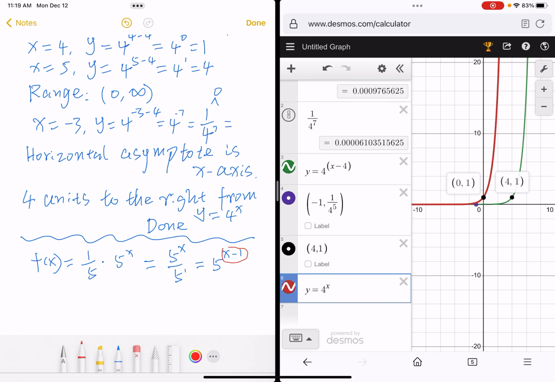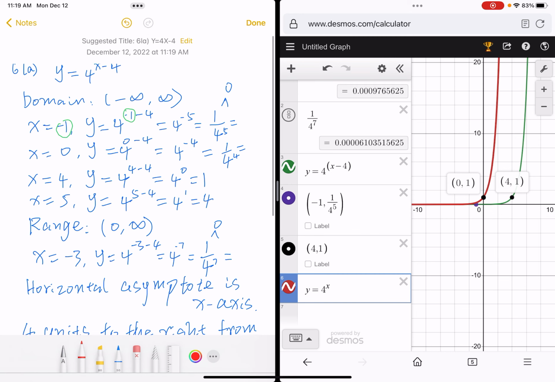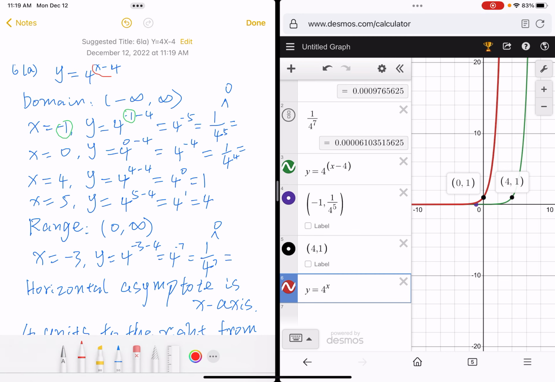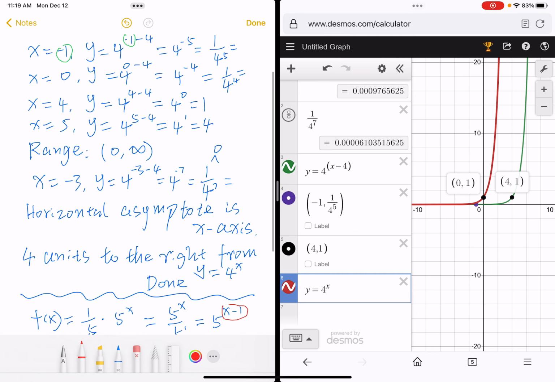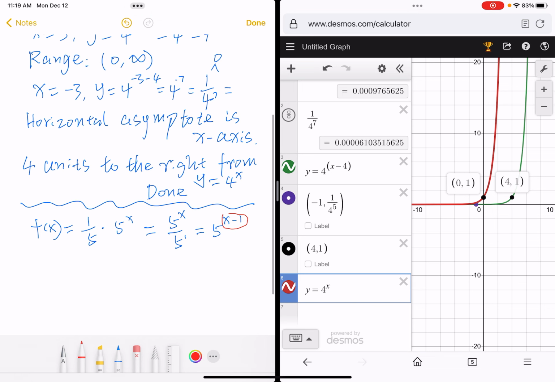So comparing this one with the one we learned here, you know this graph is shifted 1 unit to the right. To the right from where?